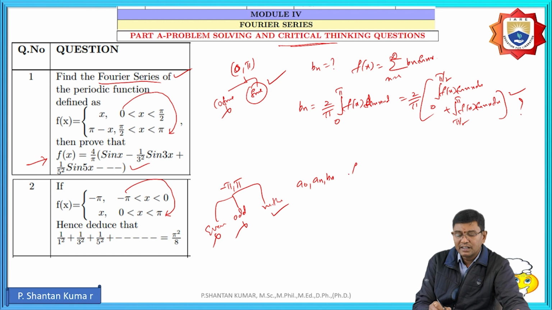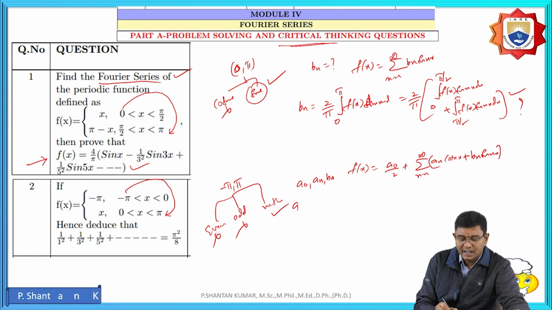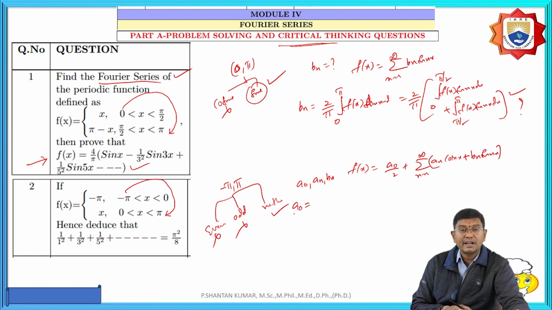And based upon that, the required Fourier series is f of x is equal to a naught by 2 plus summation n is equal to 1 to infinity a n cos nx plus bn sin nx, where a naught is nothing but, as you know that the limits are minus pi to pi.